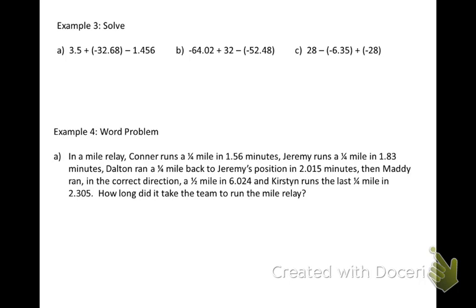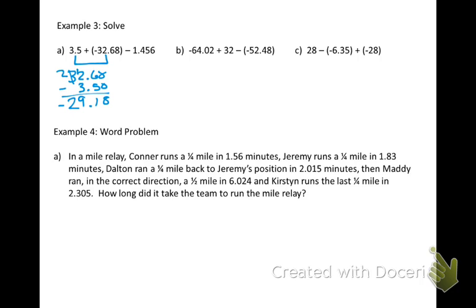All right, example 3. So next we are going to do it from left to right. So we are going to take these two and put them together, and they're opposite signs, so you're going to subtract them. You subtract them, and then 32 is bigger, so it's a negative.